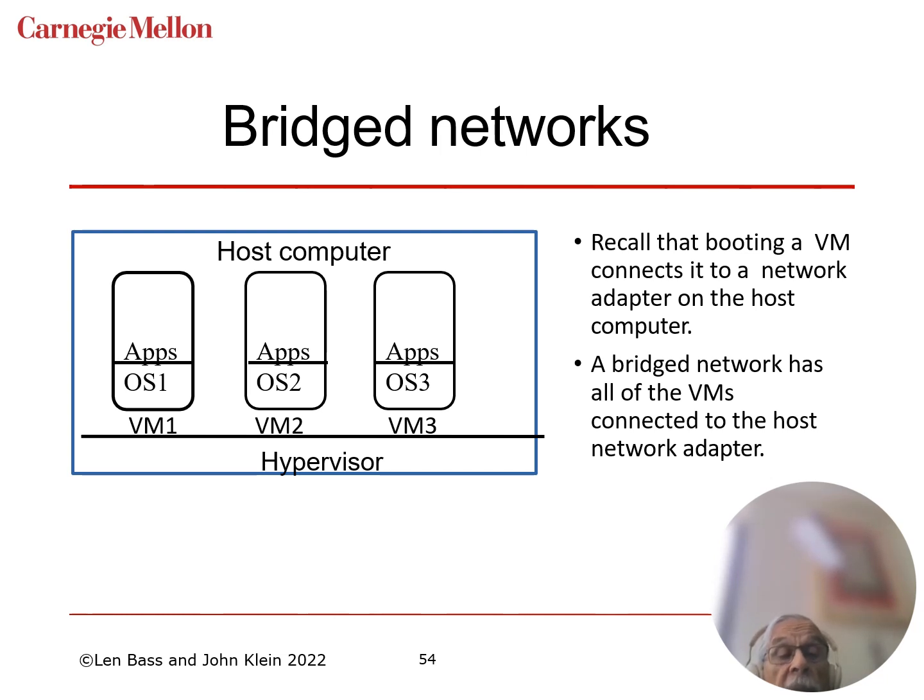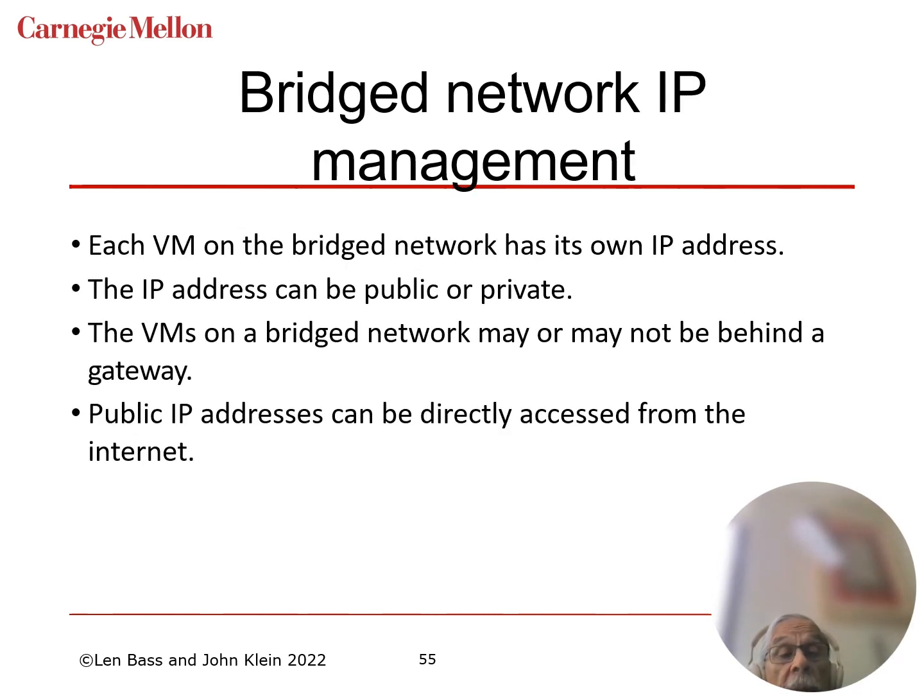The IP address that the virtual machine was assigned is exposed to the outside world. It can be public or private, but it will be attached to a message sent. And then when somebody responds to it, it'll get to the right place.